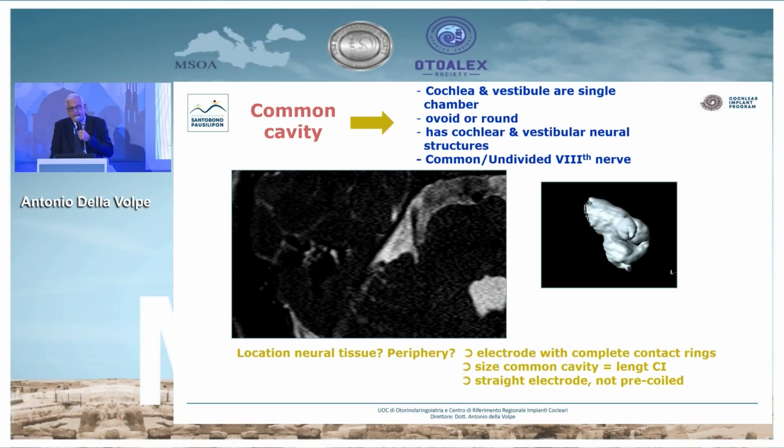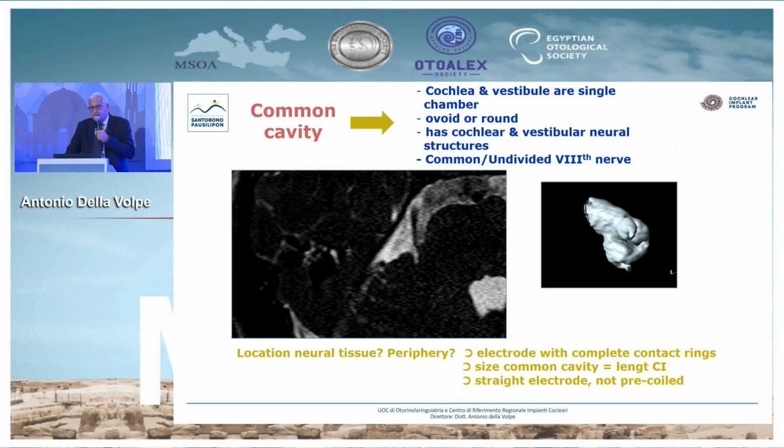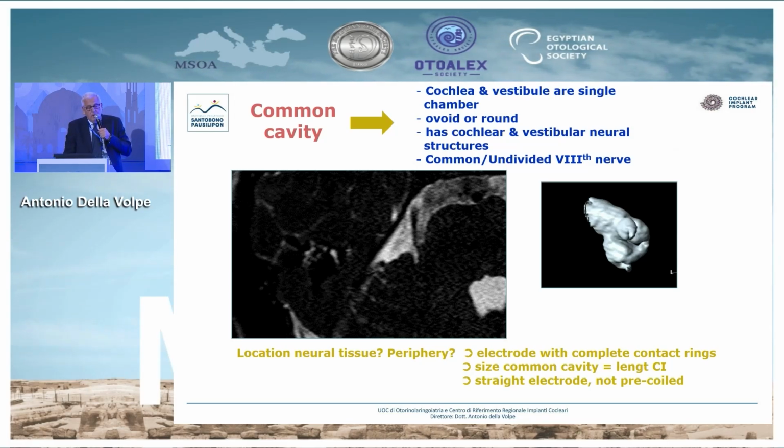We use the AutoPlan system, which, as you know, is a system by MED-EL, a software with which we can calculate the dimension of the cochlea and the position of the electrode. This is also important to evaluate the results after the implantation.